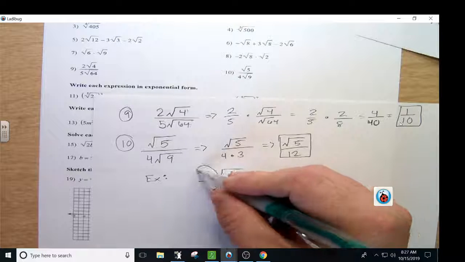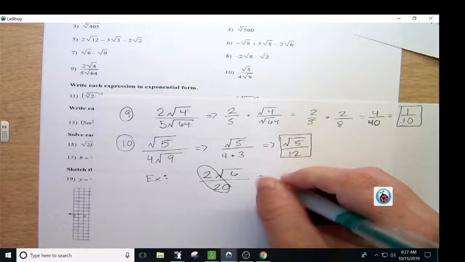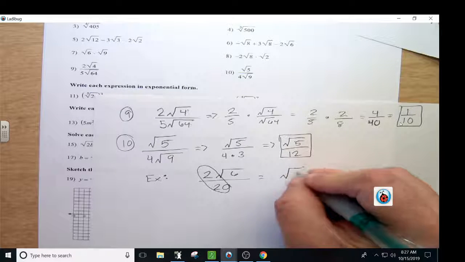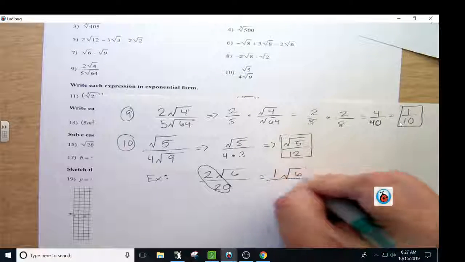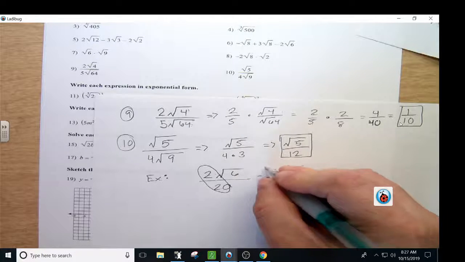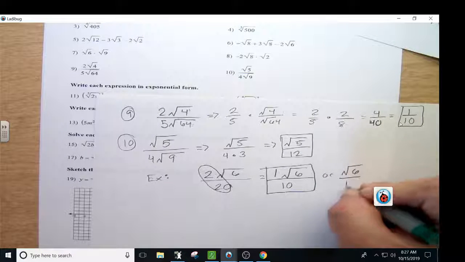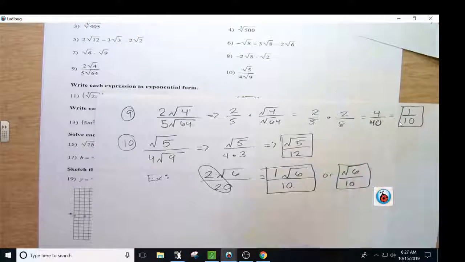The outside numbers, 2 over 20, need to be simplified. So that would be the square root of 6. You can put a 1 there if you want to. 2 over 20 reduces to 1 over 10. That would be full credit. Or square root of 6 over 10. Either one of those would work. Okay?